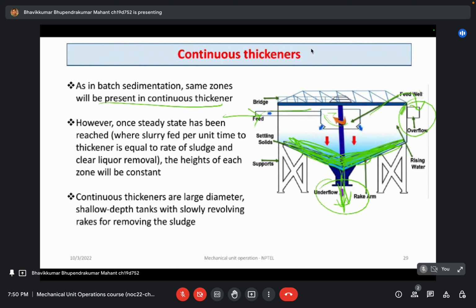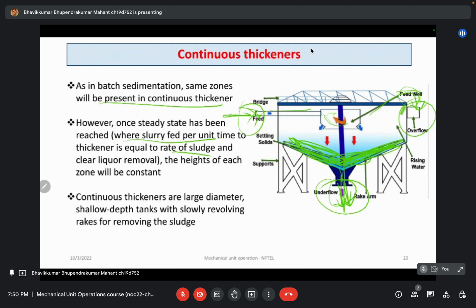Once steady state has been reached, the slurry fed per unit time to the thickener is equal to the rate of sludge removal and clear liquid removal. So the continuous thickener always works at steady state operation.